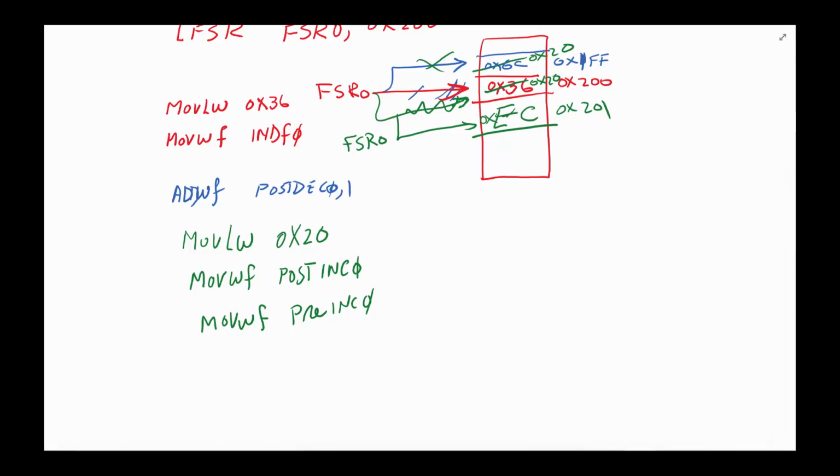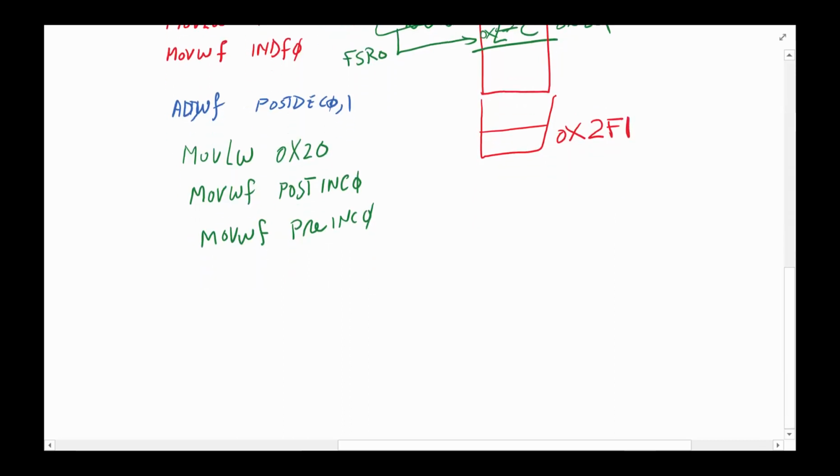I want to move that, but I don't want to change my FSR. I want to move this whole thing to this location, 0x2F0. Or let me make it a little easier, so F1. But I do not want to change my FSR, and then this would be a useful tool to have.